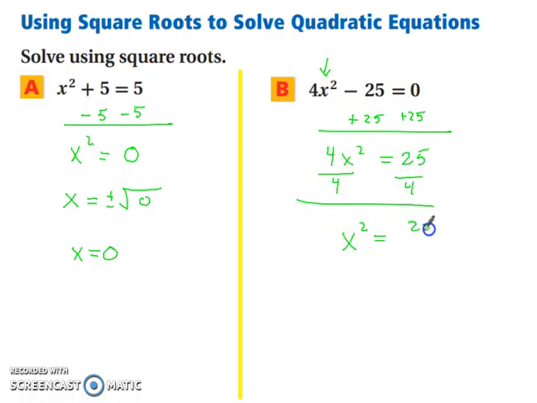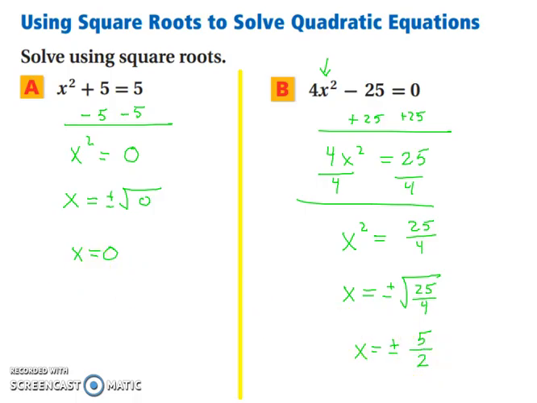So now we have 25 over 4. Take the square root of both sides. So we have x equals plus or minus the square root of 25 over 4. To simplify this, you end up with x equals plus or minus the square root of 25, which is 5, and the square root of 4, which is 2.